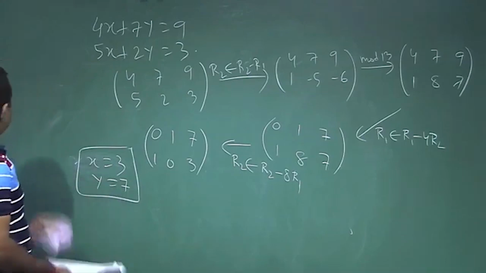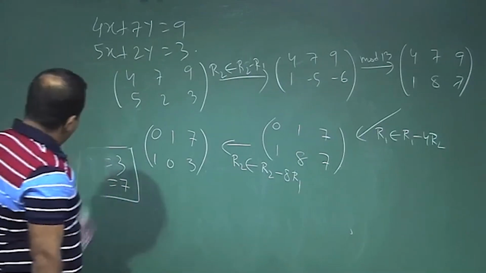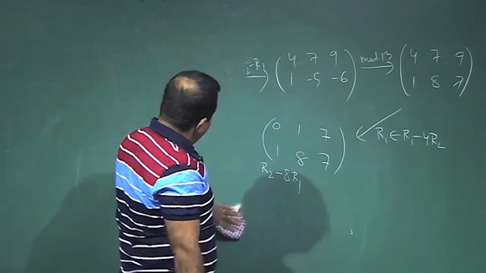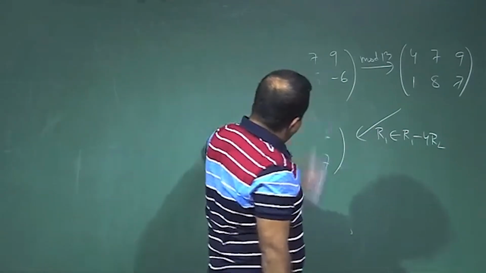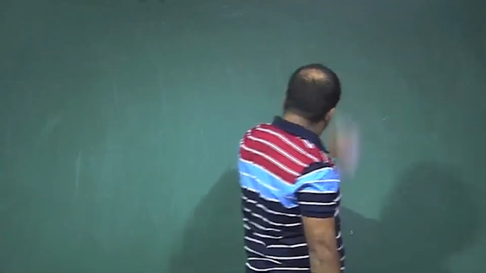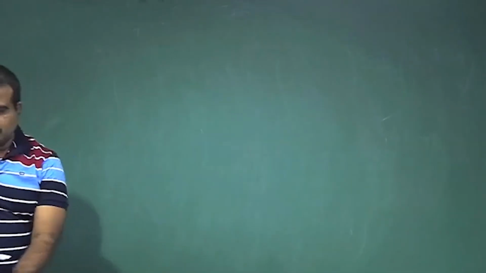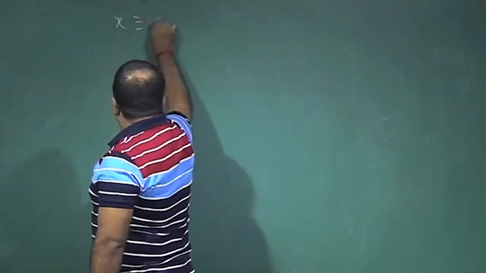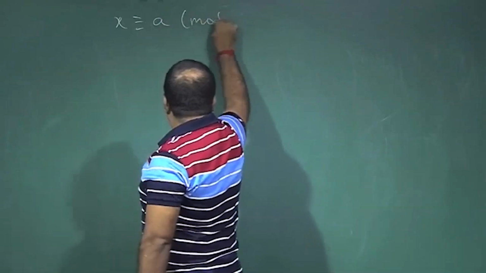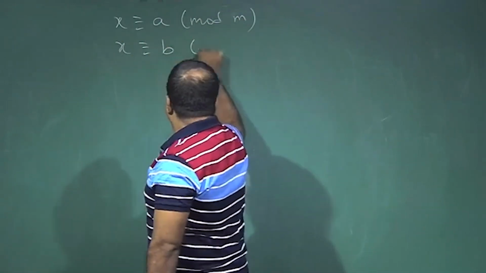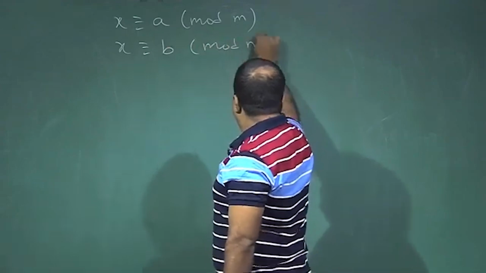Okay, now, the Chinese remainder theorem. Basically we want to have a system of modular equations, and we have more than one equation and we want to solve that. Say for example, suppose we have this one equation, x congruent to A mod m and x is congruent to B mod n.